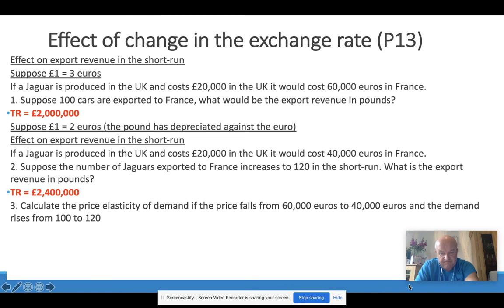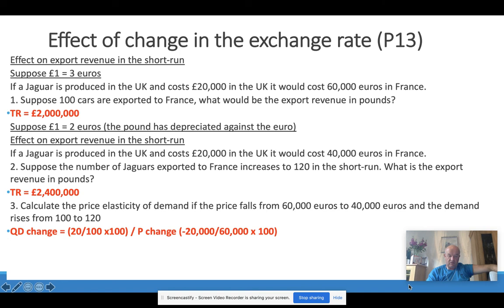If we then try to calculate the price elasticity of demand, where the price falls from €60,000 to €40,000 and demand rises from 100 to 120, there are a couple of calculations we need to include. The first one is the quantity demanded change. We've got to calculate the percentage change in quantity demanded. So we've got 20 more divided by the original 100, times 100, to get that percentage change.